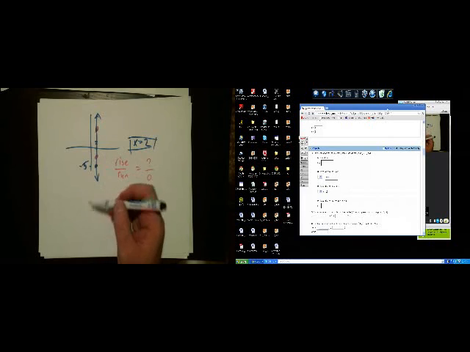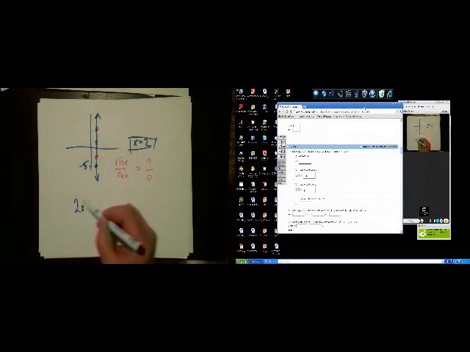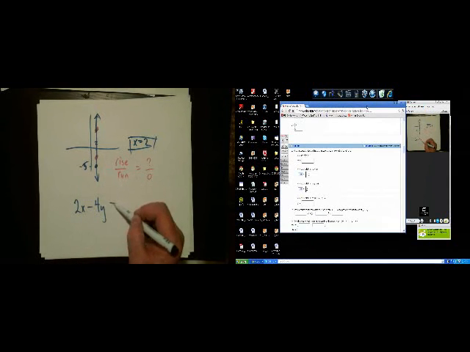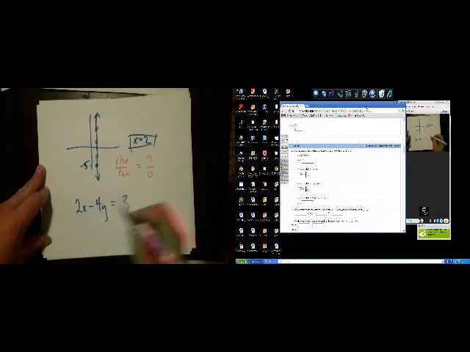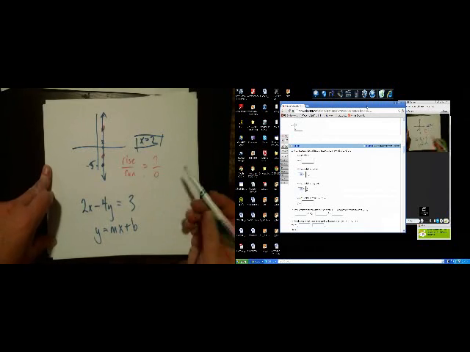So for something like 2x minus 4y equals 3, now you just need to find the slope. Since we put it in y equals mx plus b, read off the m.